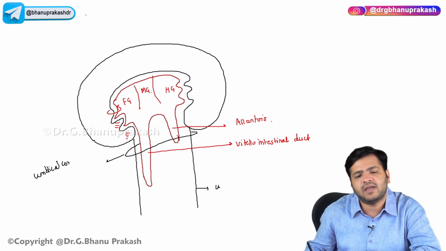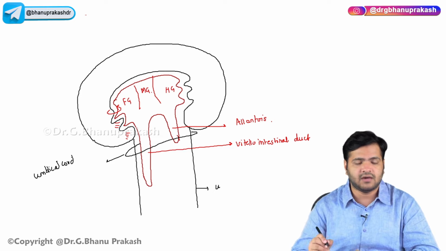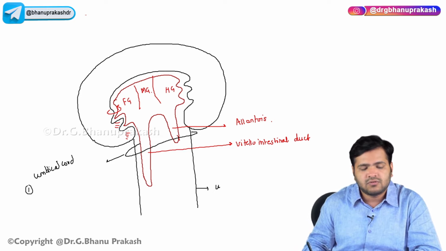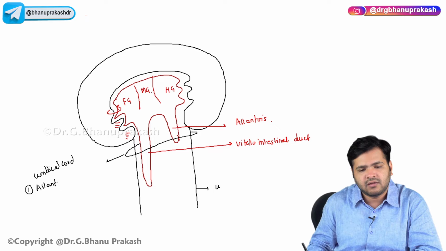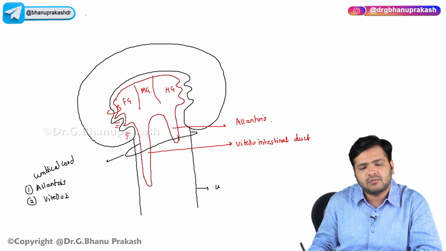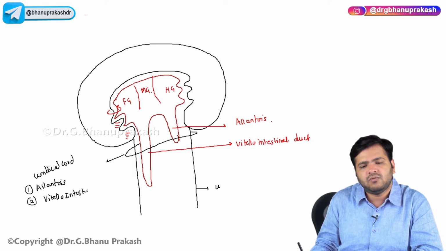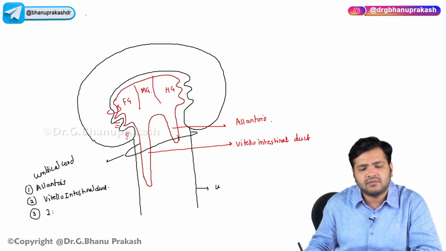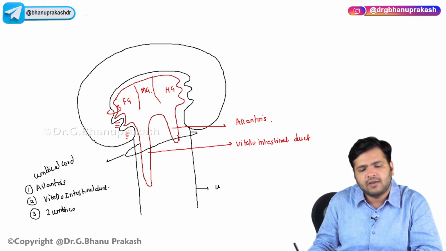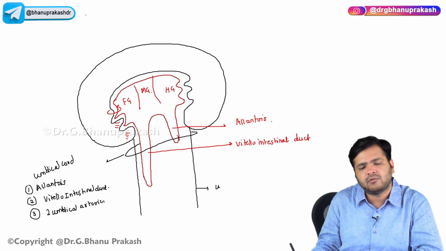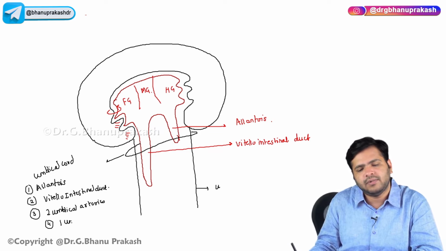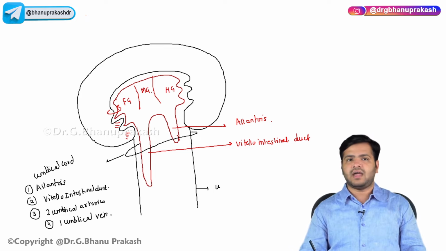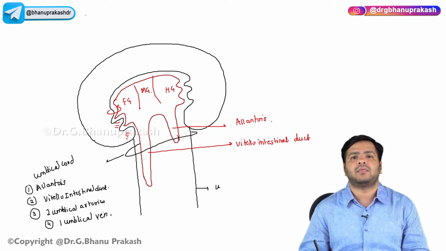Now if I ask you the contents of the umbilical cord, you will say allantois, the vitello-intestinal duct, two umbilical arteries and one umbilical vein, right?